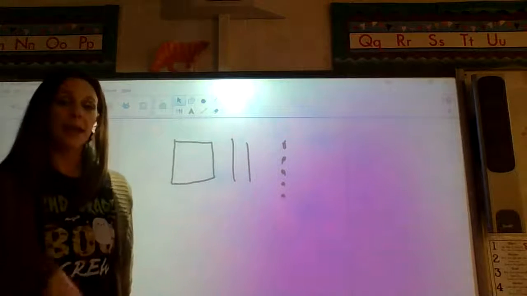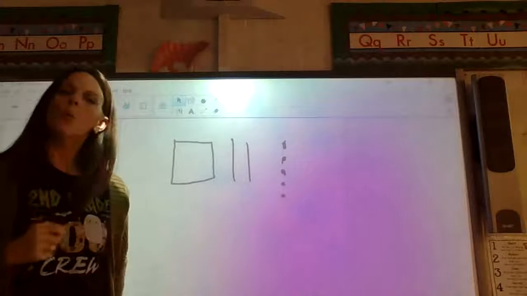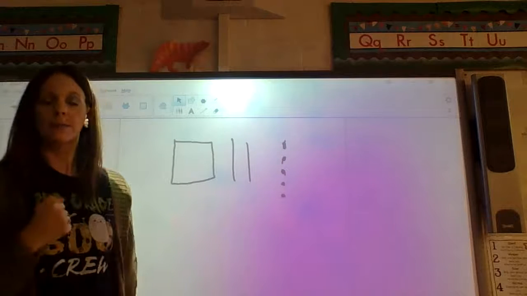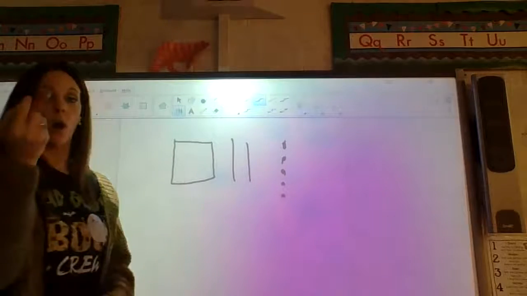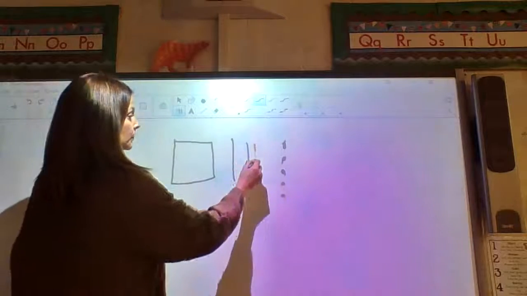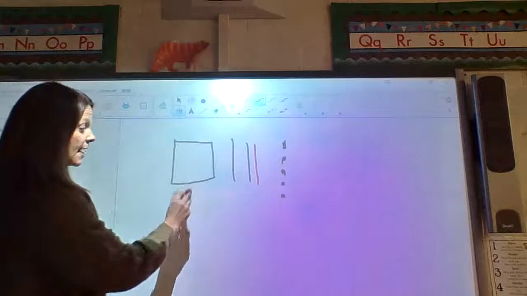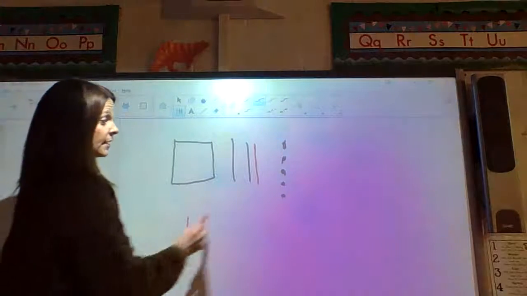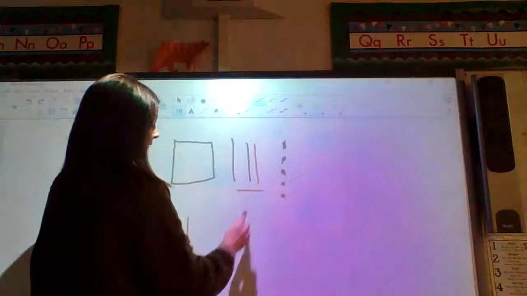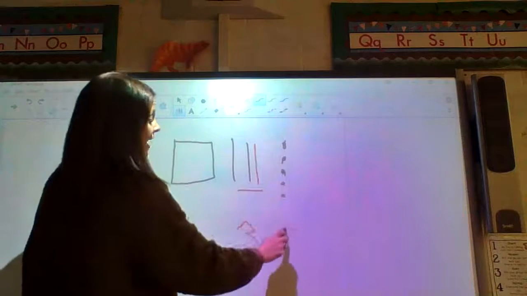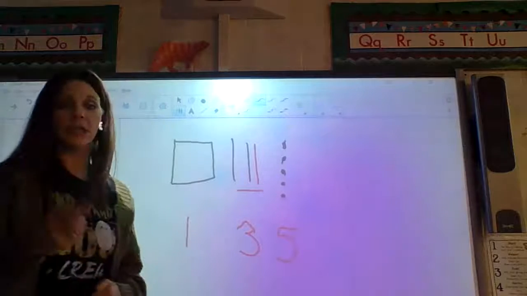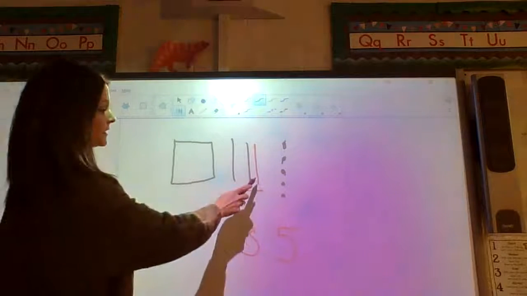Now, if we want 10 more, what would I draw to my picture to show that? Yes, I would draw one more 10. So look, now we still have 100. Now we have 3 tens, and we still have our 5 ones. The only thing we changed was our tens.